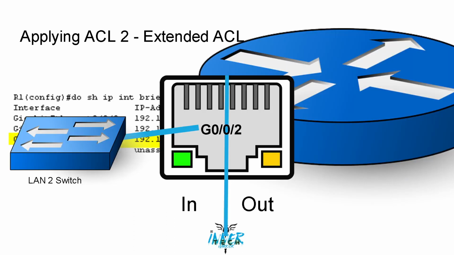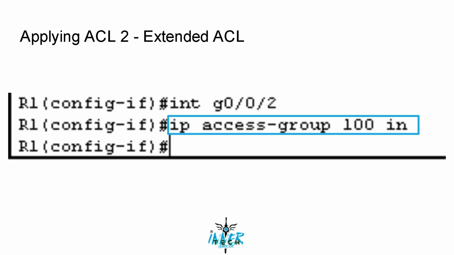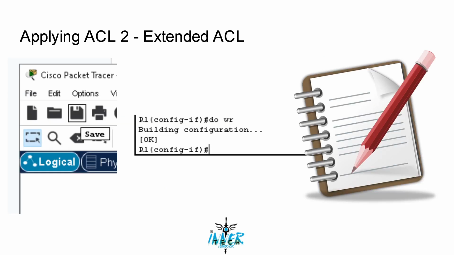Now, will it be in or out on the port? Think of which side is facing the LAN switch. So it would be in, as that's the side facing the LAN 2 switch. So the command on interface G0/2 is IP access-group 100 in. Okay, now save your configuration, save your Packet Tracer file, and update your notes.